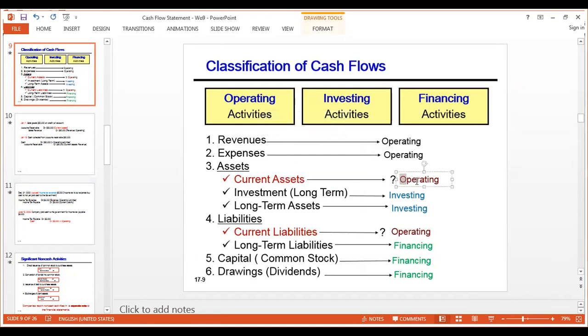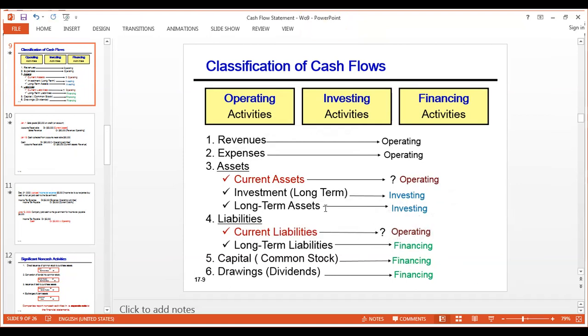So we transfer the current asset related cash to the operating activities. Every current liability is indirectly related with expense. So any cash related with current liabilities should go under operating activities. Okay, clear?